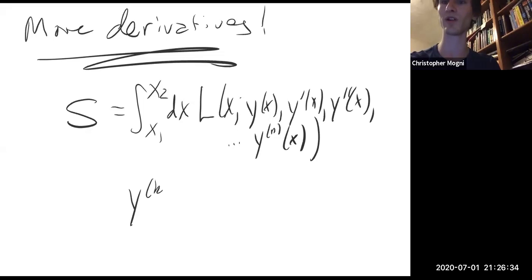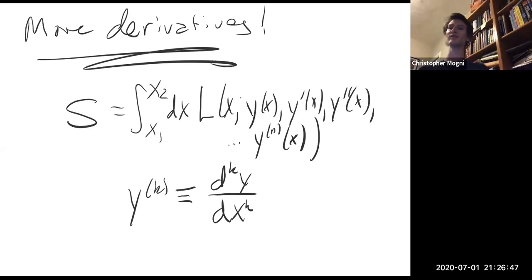Just for keeping notation clean, y^(k) is d^k y/dx^k, the kth derivative of the function y.